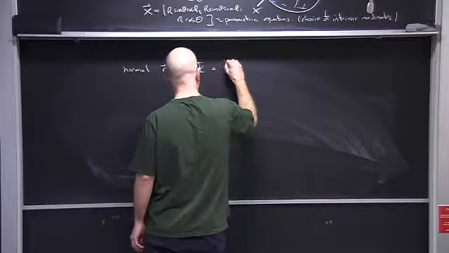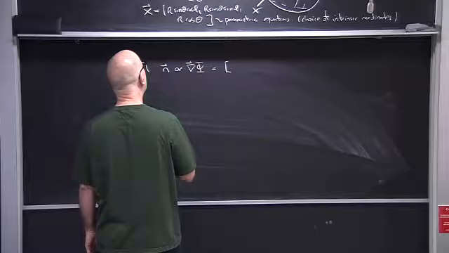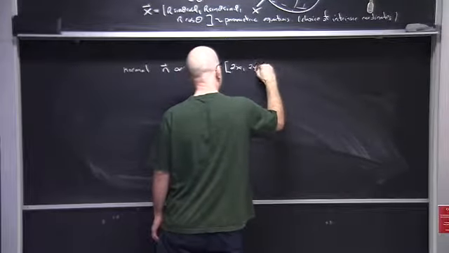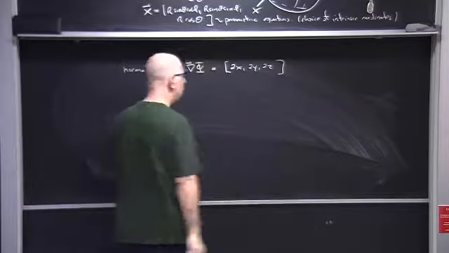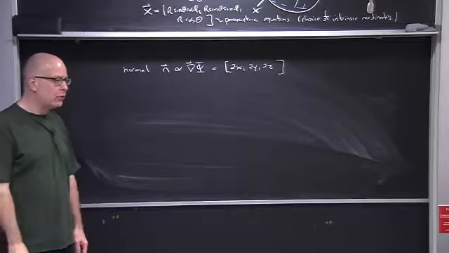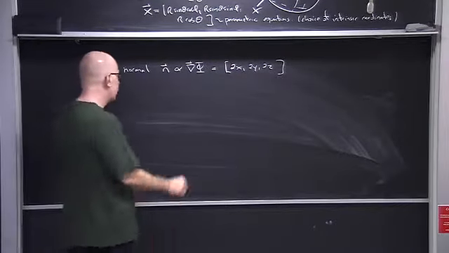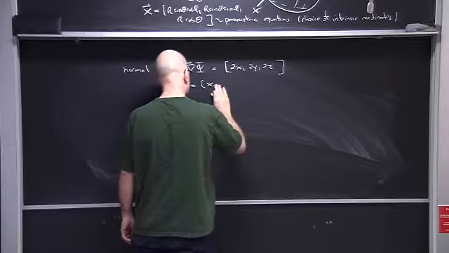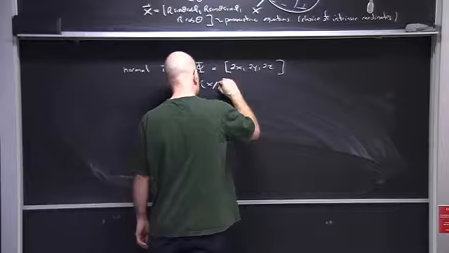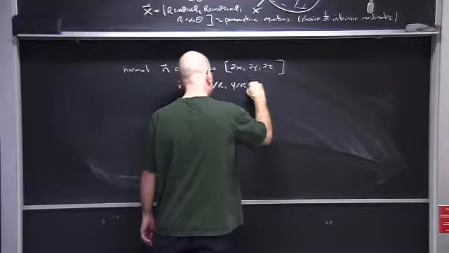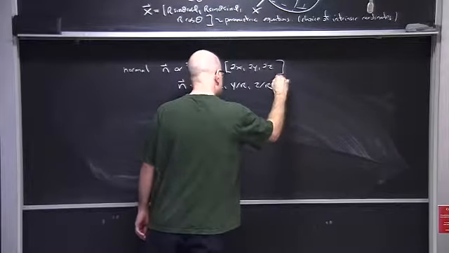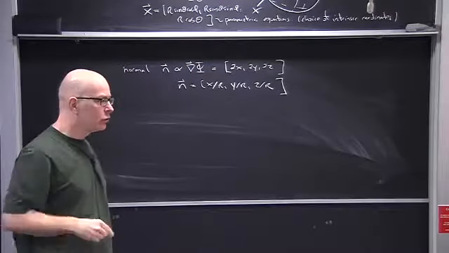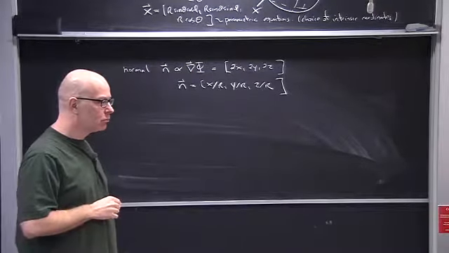If we calculate that and put it in component form, we get 2x, 2y, and 2z. And we know that if we want a normal vector, all we have to do is normalize this, so that the normal vector will just be x over r, y over r, z over r. And that's my normal vector that everywhere on the surface points away from the center.